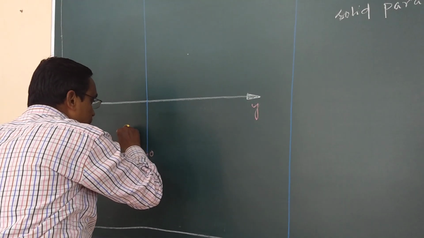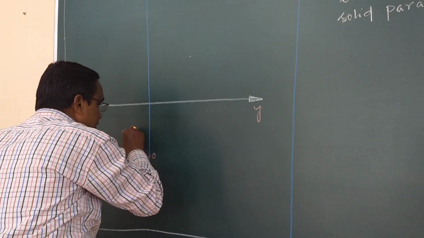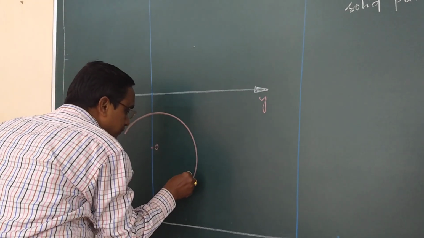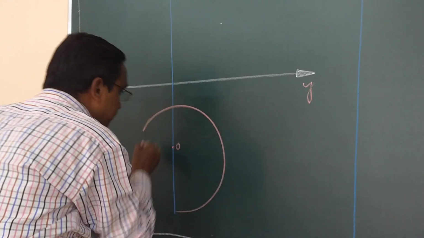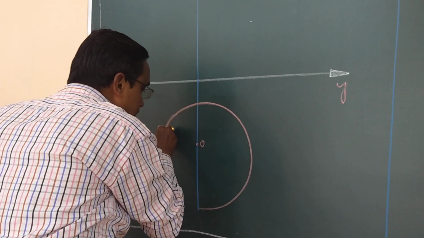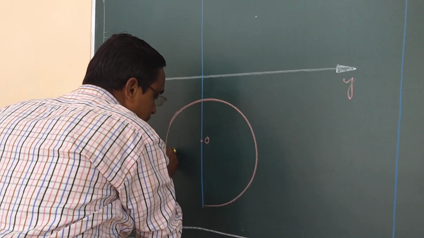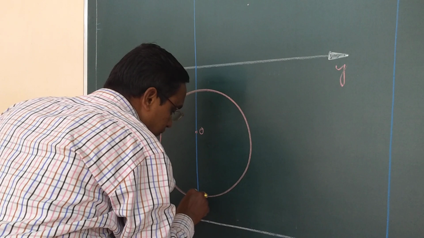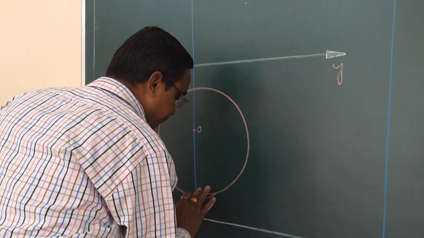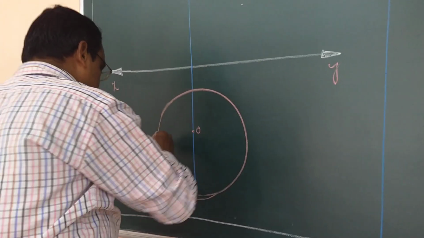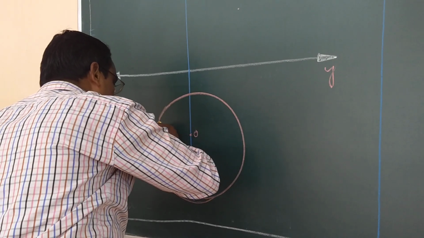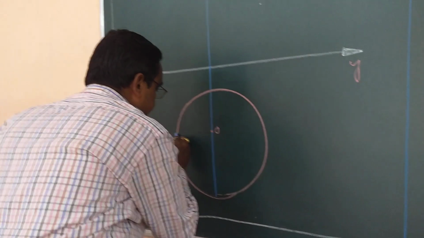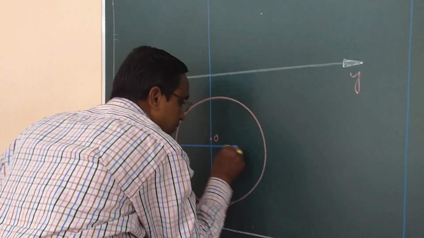Because the top view of a cylinder is a circle. Draw a circle and divide the circle into 4 equal parts.